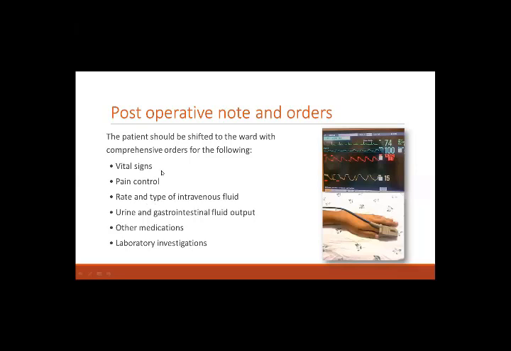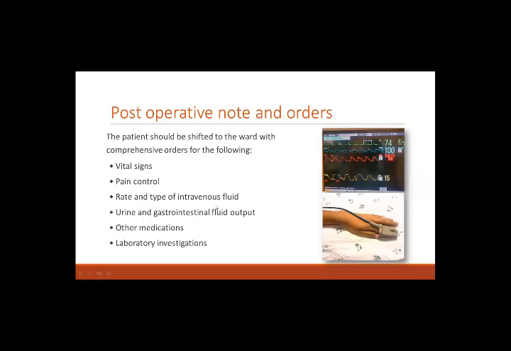For vital signs, for example, they would write to monitor pulse and blood pressure every half an hour for 6 or 12 hours, depending upon the type of surgery the patient underwent. And for pain control, a suitable analgesic, preferably an opioid or a non-steroidal anti-inflammatory agent, would be added right there in the operation notes, right?